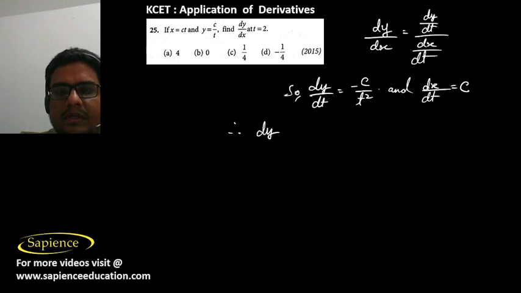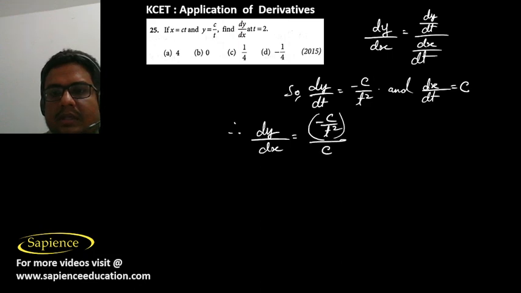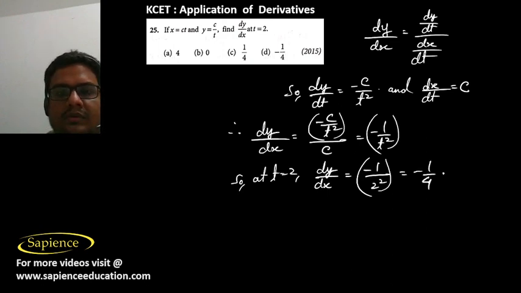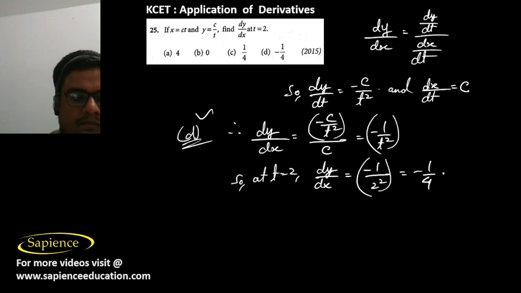Therefore dy by dx is minus c by t square divided by c, that is minus 1 by t square. Now at t equal to 2, dy by dx will be minus 1 by 2 square, which is minus 1 by 4. Option D is the correct answer.